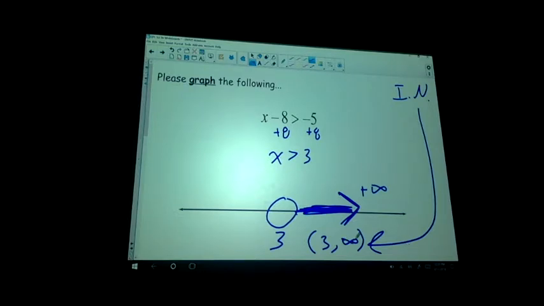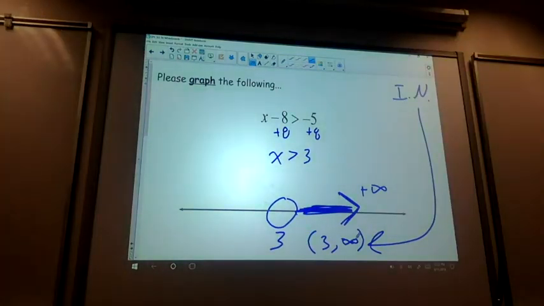Okay, so if your answer was -3, would you switch the sign? Well, it's the inequality sign that we're looking at. The inequality meaning the letter is first. The inequality sign tells us where we're going to graph to. So this is first, and this is pointing the direction we're going to shade to.